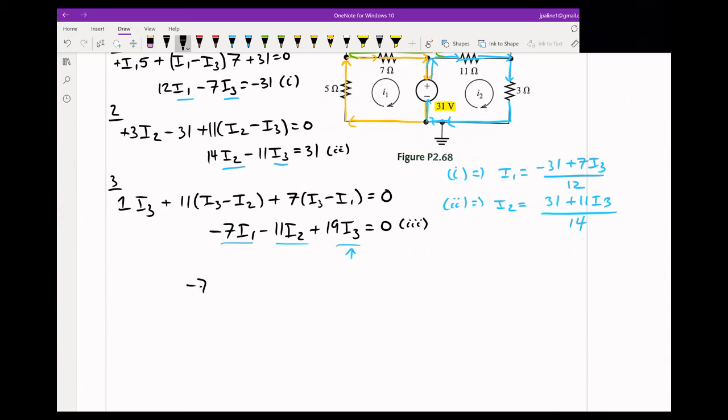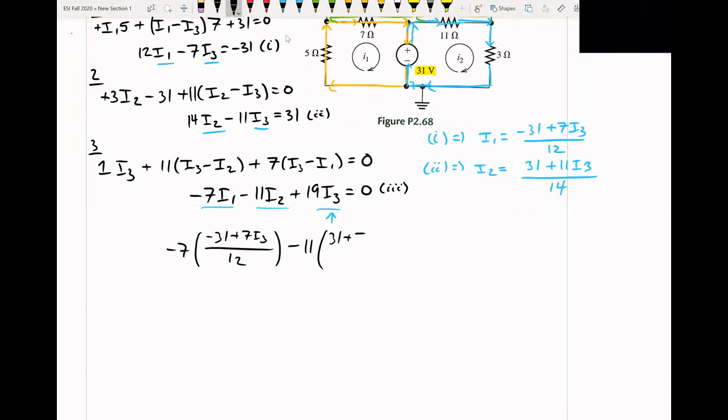By doing that, we'll get negative 7 times I1, which we said was negative 31 plus 7I3 over 12, then negative 11 times I2, which is 31 plus 11I3 over 14, and then plus 19I3 will equal 0.